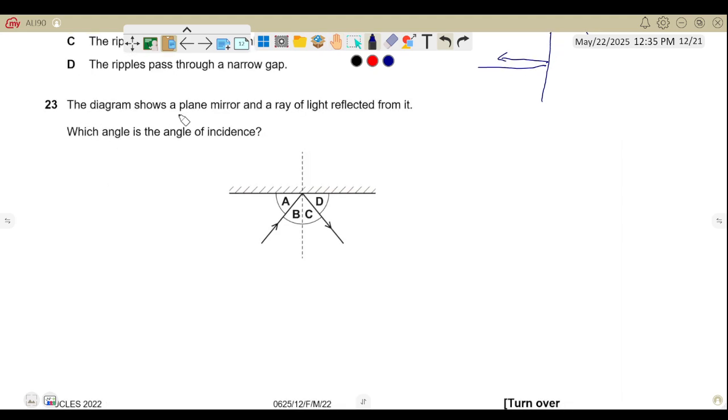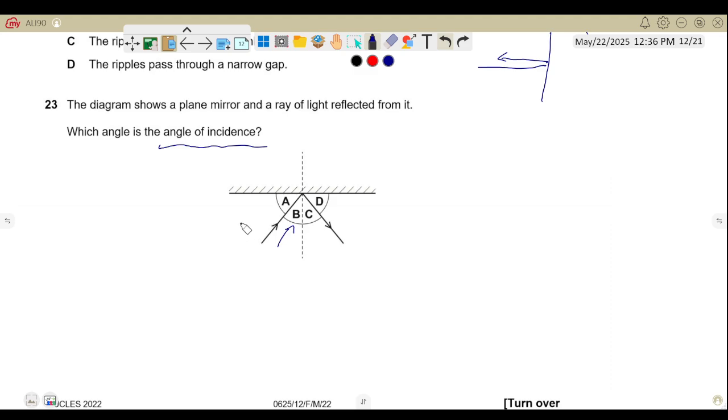The diagram shows a plane mirror and a ray of light reflected from it. So this is the light coming into the plane mirror, and this is the reflected light. Which angle is the angle of incidence? As a definition, this is the angle, it's B. It's the angle between the ray and the normal, the straight line normal to the plane mirror.